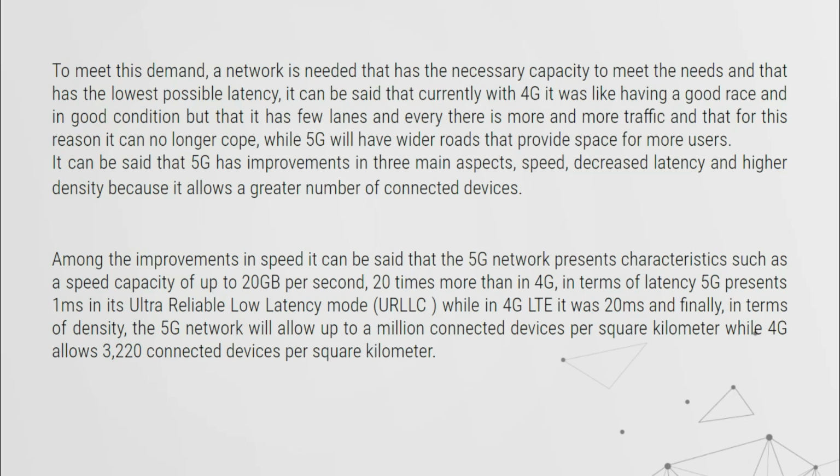In terms of latency, 5G presents 1 millisecond in its ultra-reliable low latency mode, while in 4G LTE it was 20 milliseconds. And finally, in terms of density, the 5G network will allow up to 1 million connected devices per square kilometer, while 4G allows 3,220 connected devices per square kilometer.